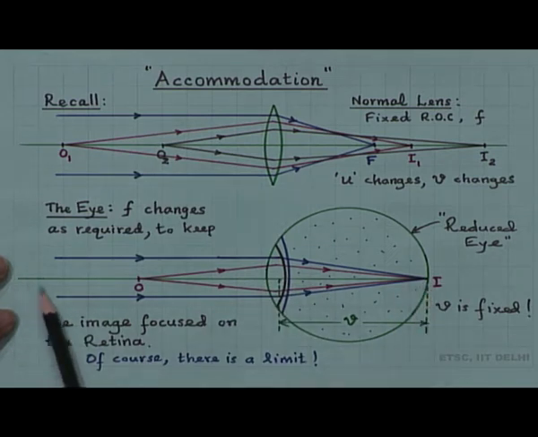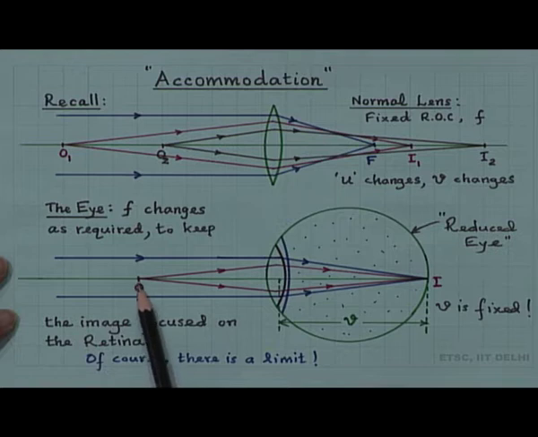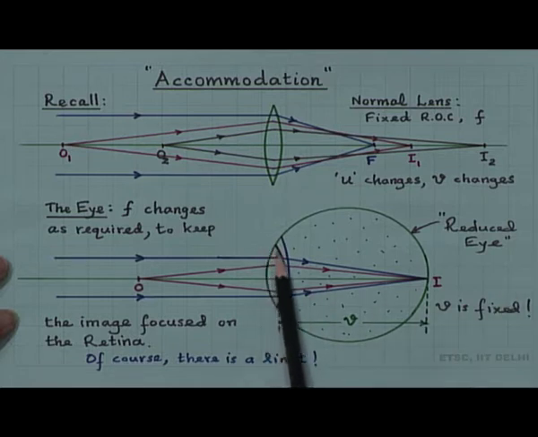Now, when the object comes closer, I have taken one position here, a point object here, then unless the focal length reduces, the image would have been focused somewhere here, the image plane where the image is formed would have been outside. But now the lens compresses, that is why I have shown a second lens.